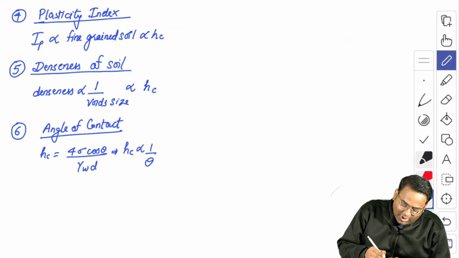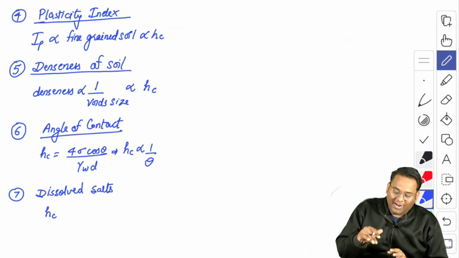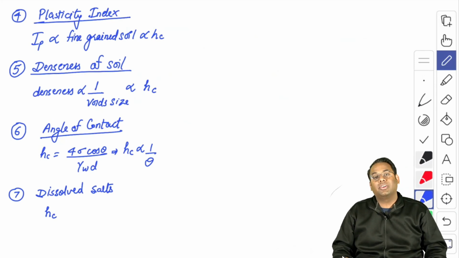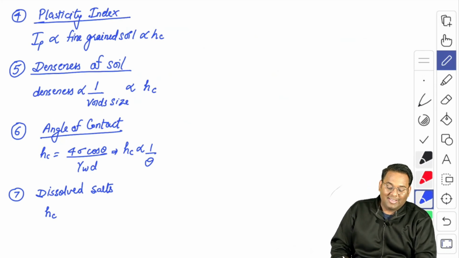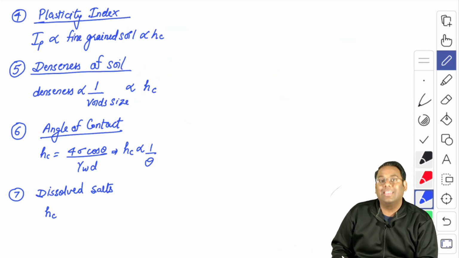Now let us move ahead to the next factor, and that is the presence of dissolved solids or dissolved salts. These dissolved salts affect the value of surface tension in the water, and if salts are more, then the surface tension will keep on increasing.